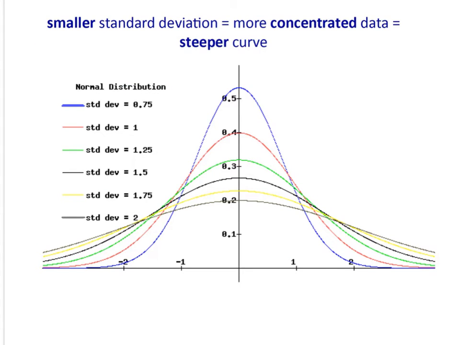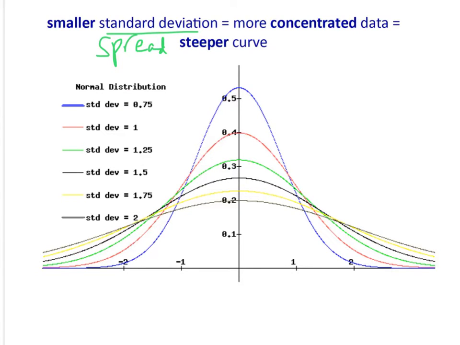So normal curves will take on different steepnesses. You can see all these curves are unimodal and symmetric, but the smaller the standard deviation, the more concentrated the data, which means the steeper the curve. Remember, my standard deviation is my spread. So if I have a small spread, then I'm going to have more concentrated data, which means my curve is going to be like this blue curve and be pretty steep.